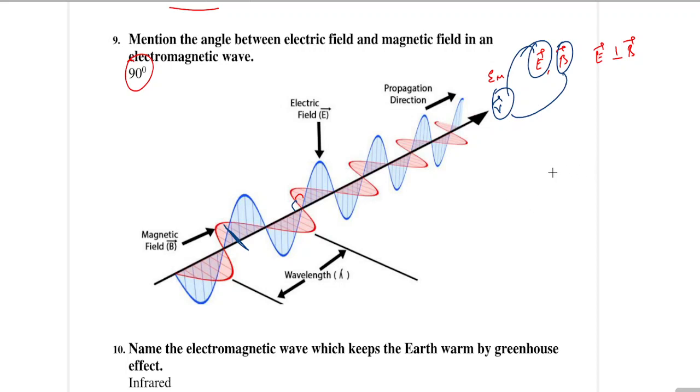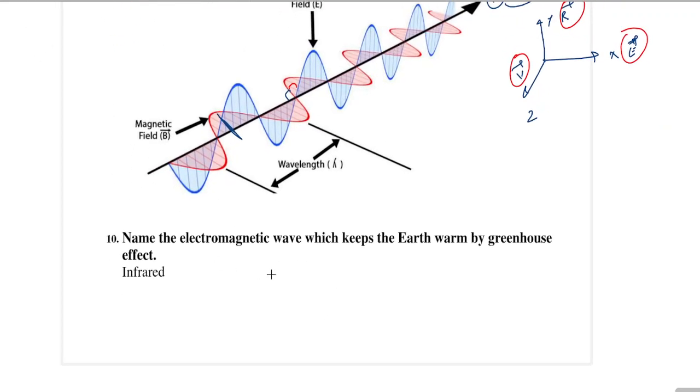To understand this, think of x, y and z axes. Suppose electric field is along the x direction, magnetic field along the y direction, then velocity will be along the z direction. The angle between each pair would be 90 degrees. You can think of electric field, magnetic field and velocity to be along three mutually perpendicular axes.